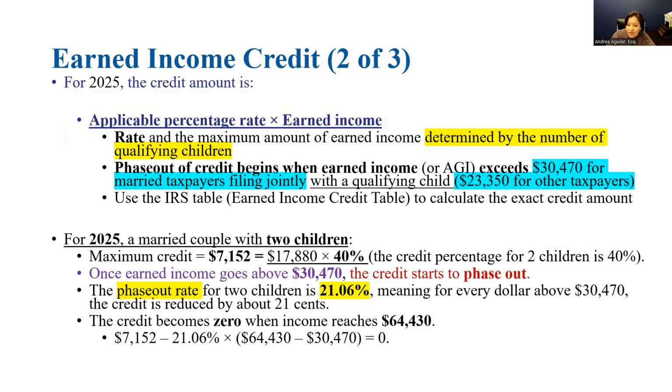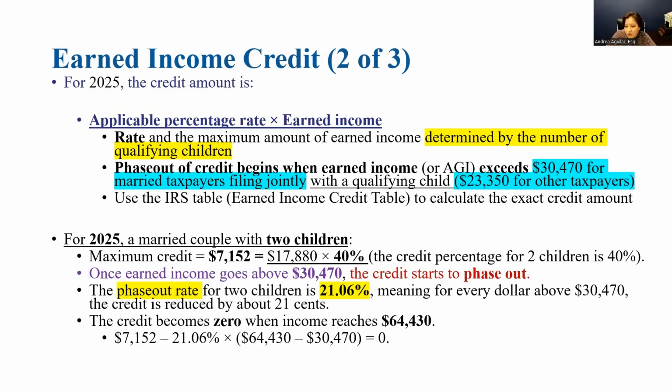So, for example, for a couple that is filing jointly and has one qualifying child, that amount will be $30,470. If they reach this amount, they are going to start losing the earned income credit. So that is for a married couple filing jointly with one qualifying child.